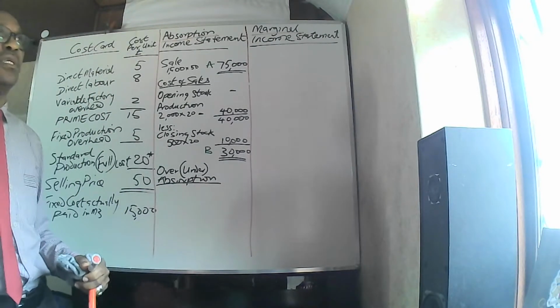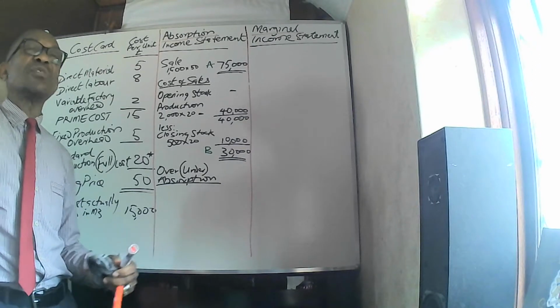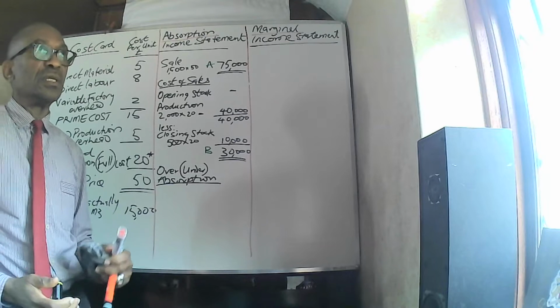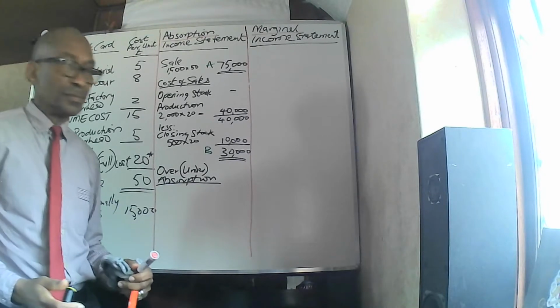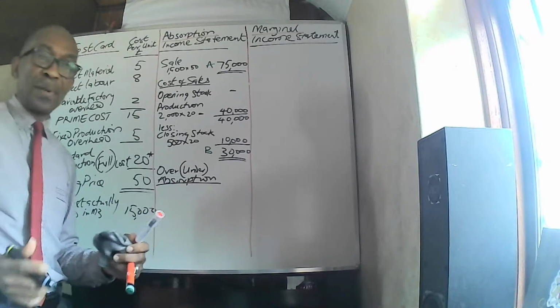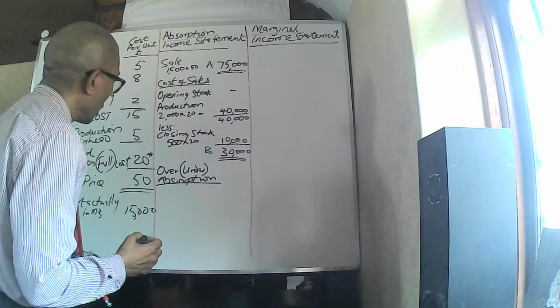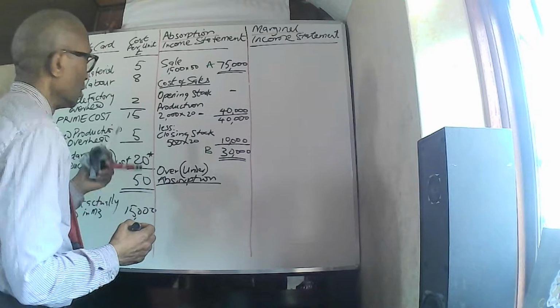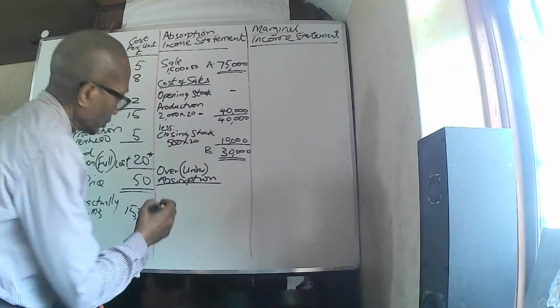This is because we want to know whether we have actually absorbed all our costs in production or not. So we start from our plan. We plan to absorb at £5 and we produce 2,000 units.